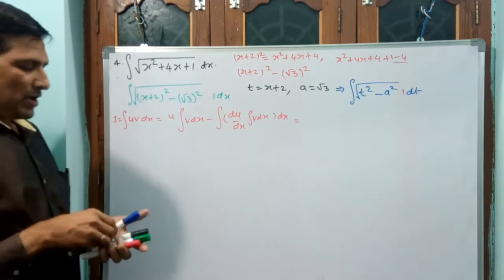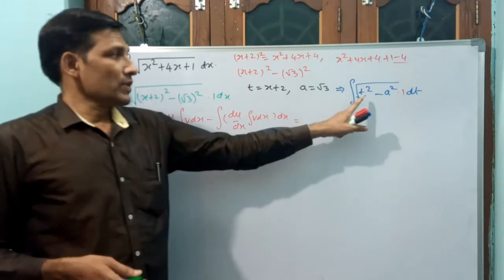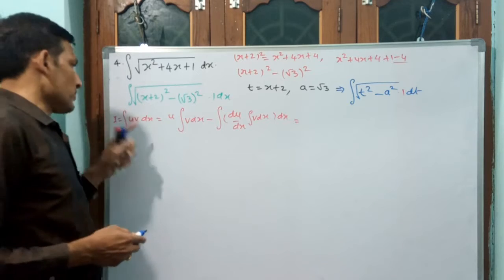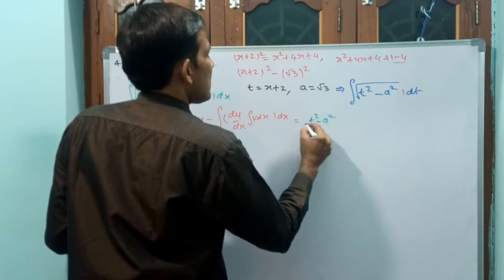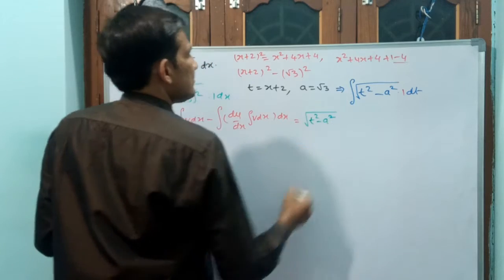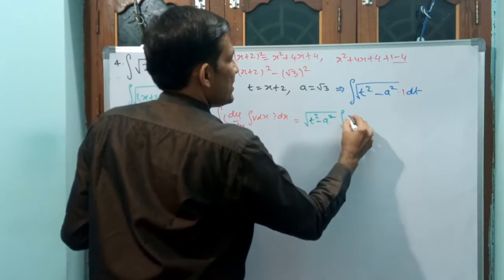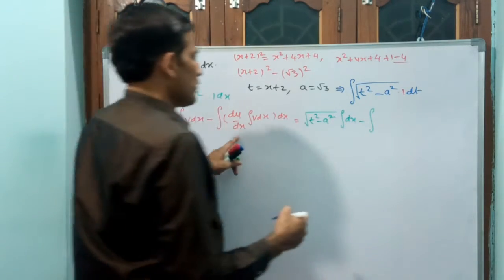This will be the formula. Here you take square root of t square minus a square as u and 1 as v.